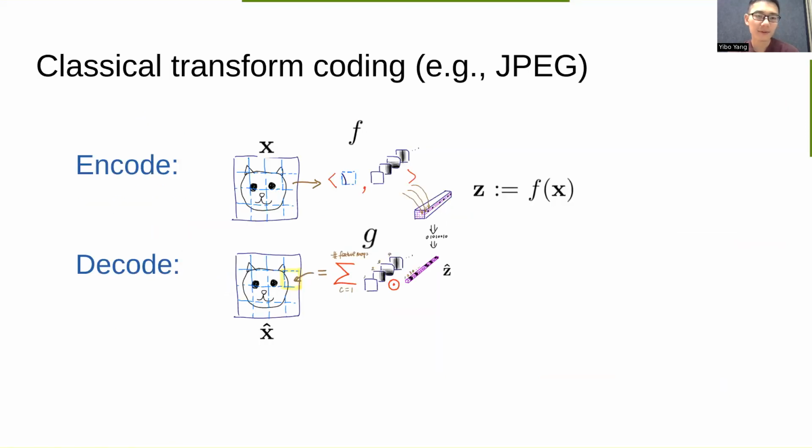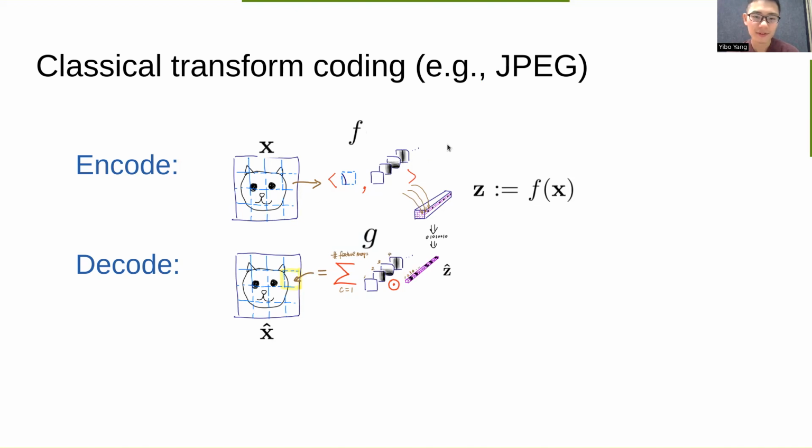So I'll start by reviewing classical transform coding, for example, JPEG. The way we encode an image is we divide it into little 8 by 8 blocks. And for each block, we'll take its inner product with a collection of filters, such as from DCT, discrete cosine transform.